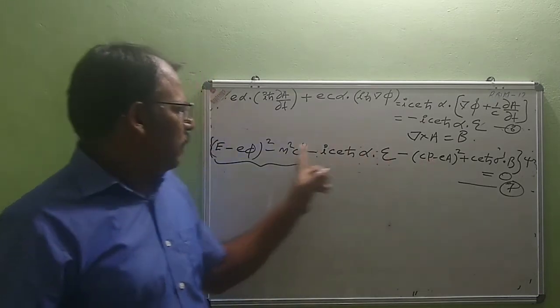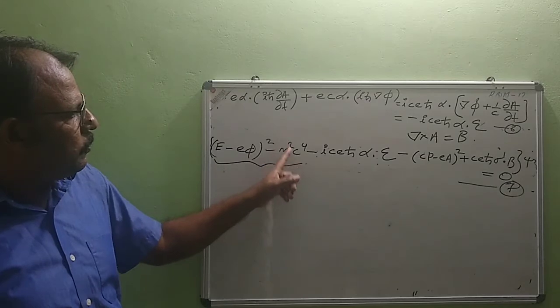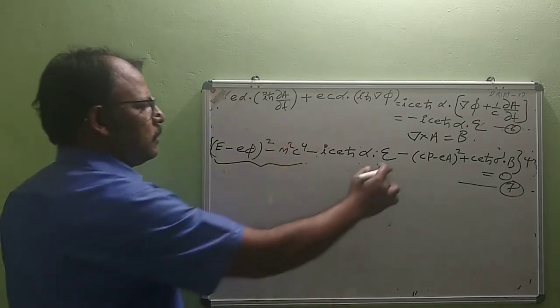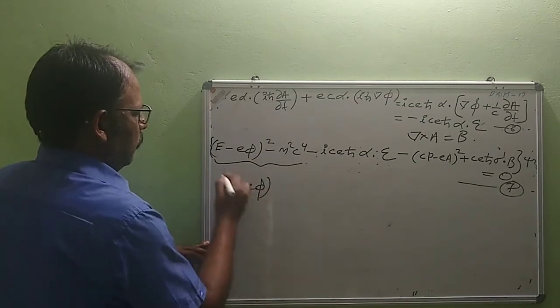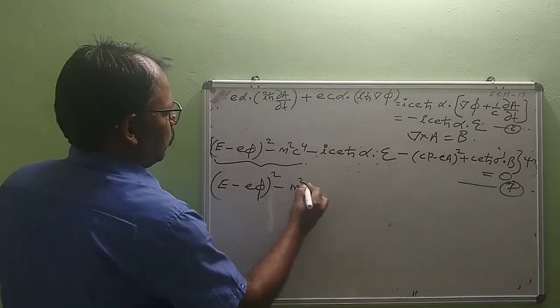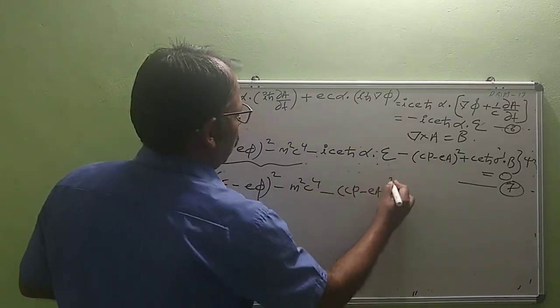And when we take this term along with this one, E minus E phi the whole square minus m square c raised to 4 minus Cp minus Ea the whole square.